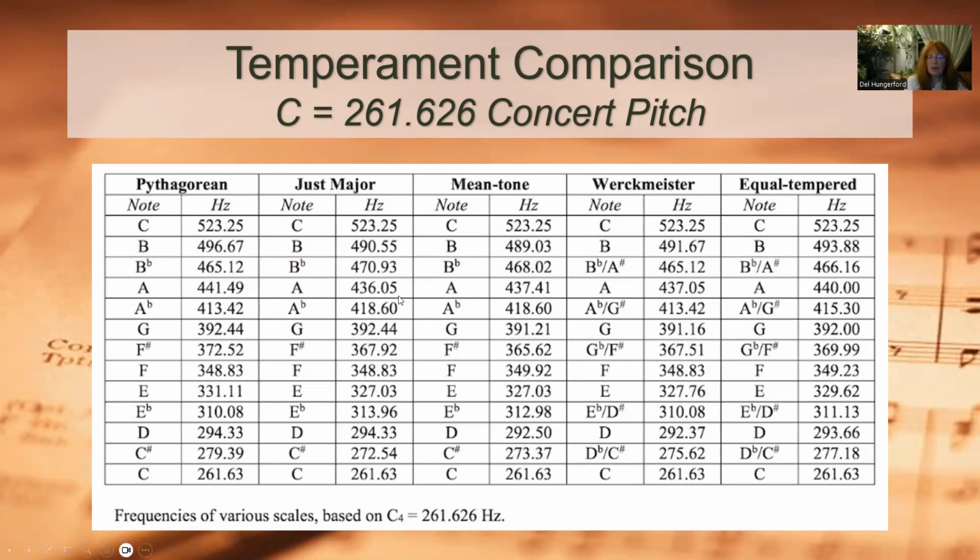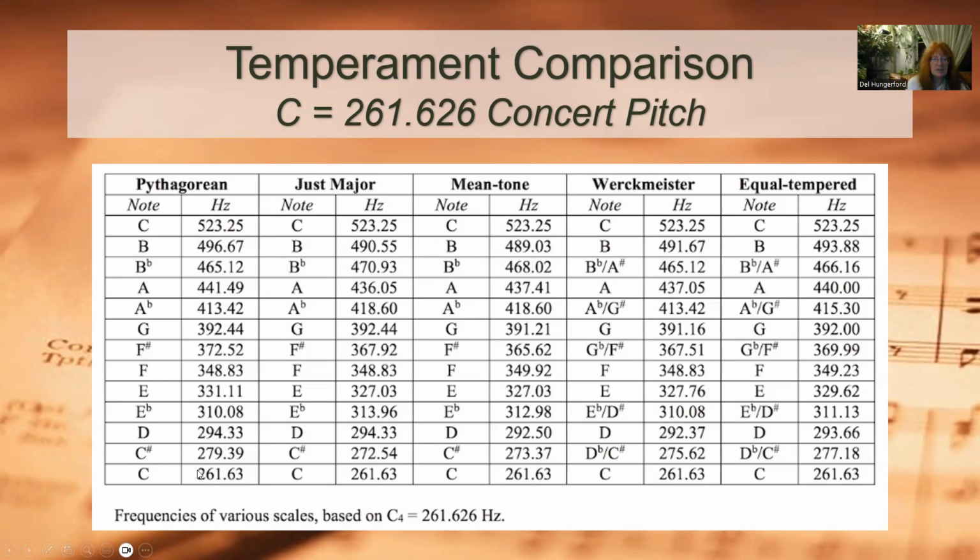And it's the same across the board. So the whole point of this picture is to show you that depending on your temperament, it's going to determine all of the pitches between the outer notes.